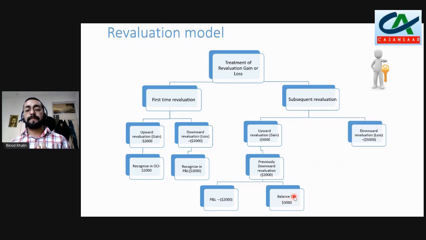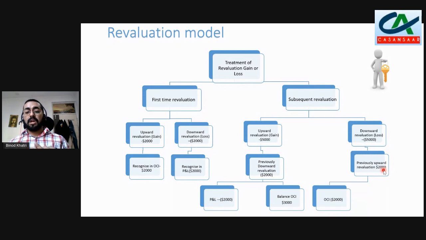Now let's see what the case is for downward revaluation. Previously there was an upward revaluation of 2,000. Now we have a loss of 5,000, and in the prior year we had an upward revaluation gain of 2,000. In that case, we recognize that 2,000 prior year gain in OCI and the remaining loss of 3,000 in the profit and loss account.